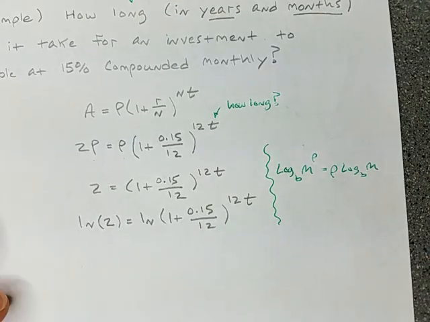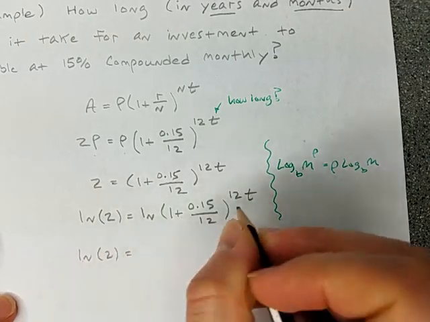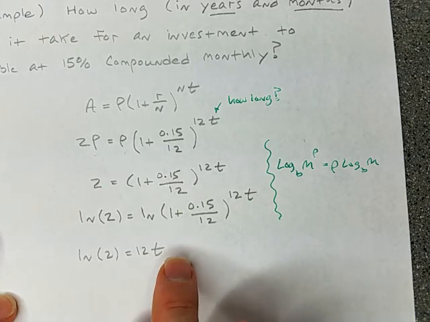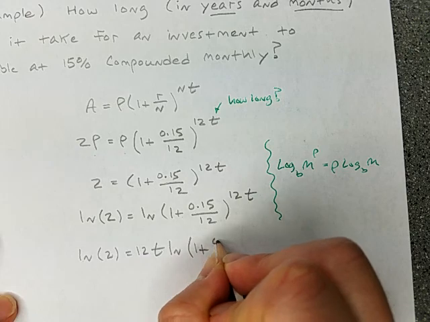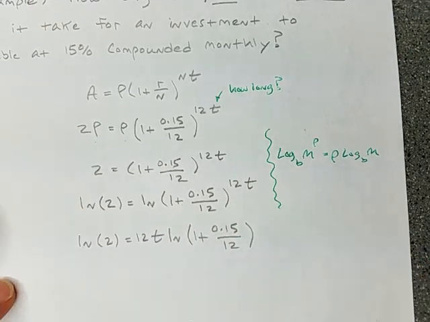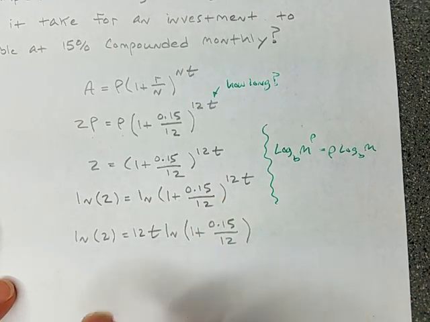So that's what we're going to do right now. Natural log of 2. This 12t will be moved there, and it'll be times this logarithm, ln of 1 plus 0.15 over 12.